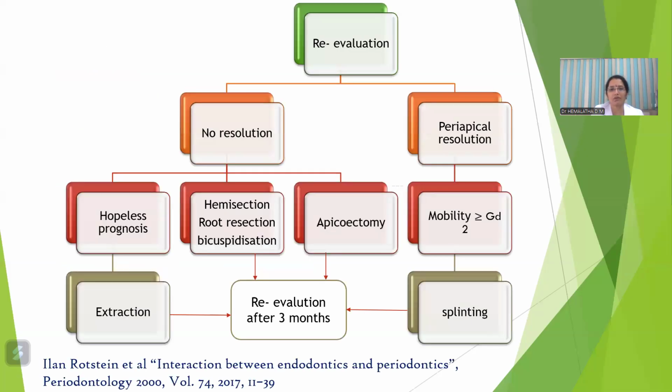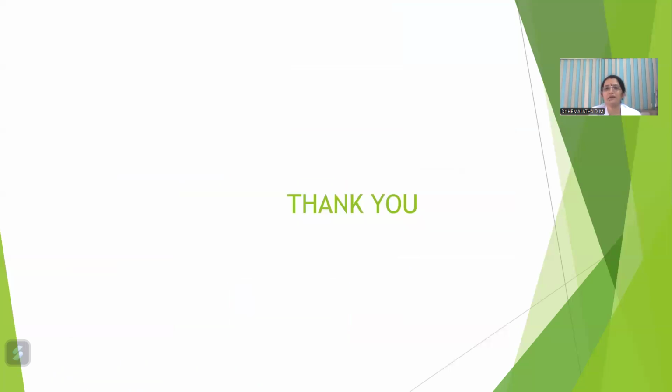So this is what I have already told you. If there is no resolution, you can go for extraction for a hopeless prognosis, or hemisection or root resection in multi-rooted teeth, and then apicoectomy, and then re-evaluation after 3 months. Even if you are doing splinting, you should re-evaluate. So with this, we are completing our class, and thank you for your attention.